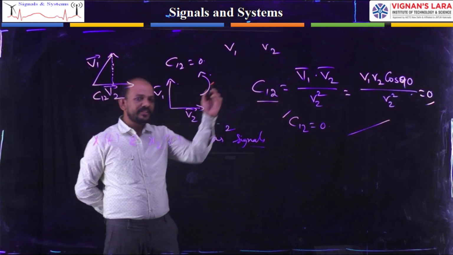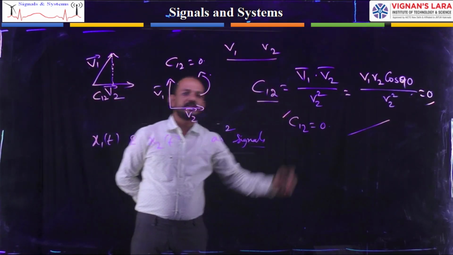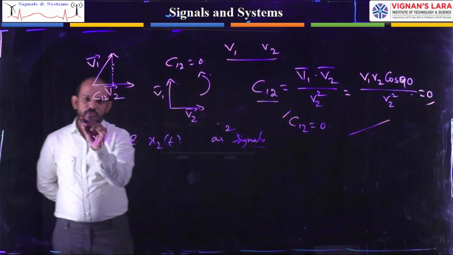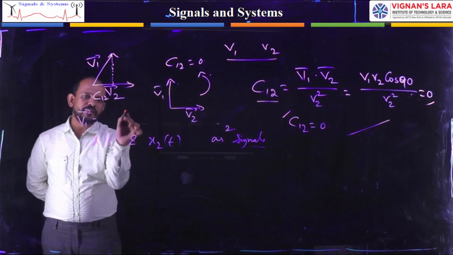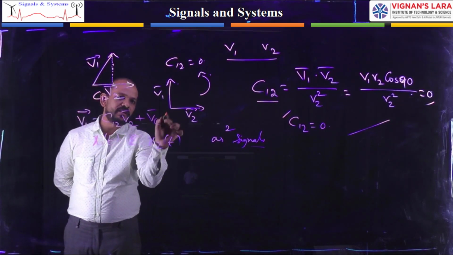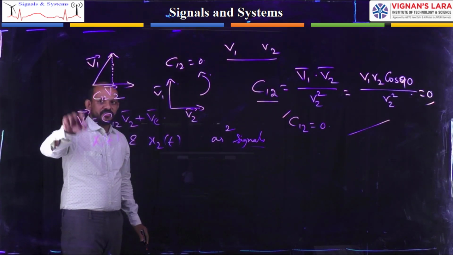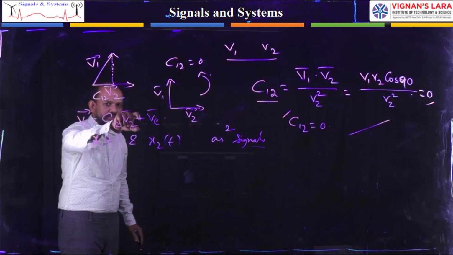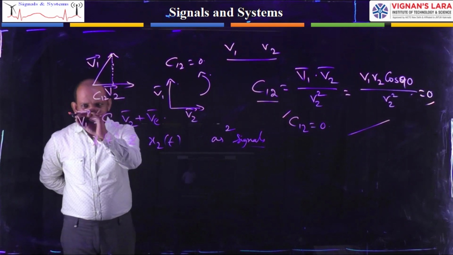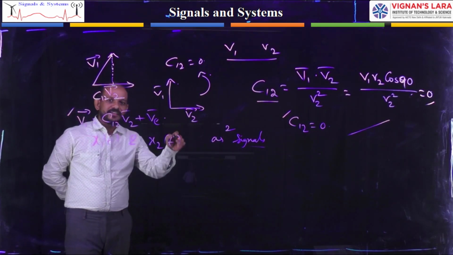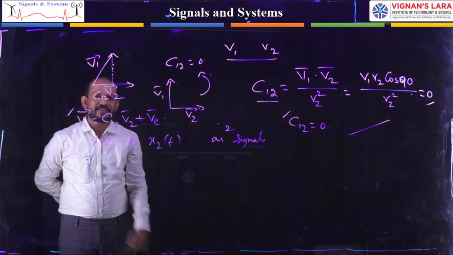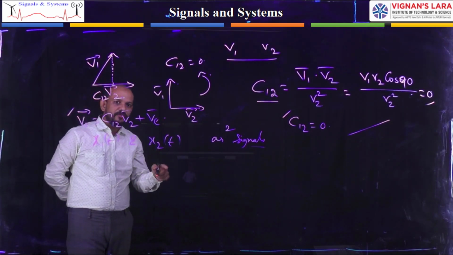Using that, v1 bar will be equal to c12 v2 bar plus ve bar. So this is the representation of vector v1 in terms of vector v2. Using this equation, now represent signal x1 of t in terms of x2 of t.